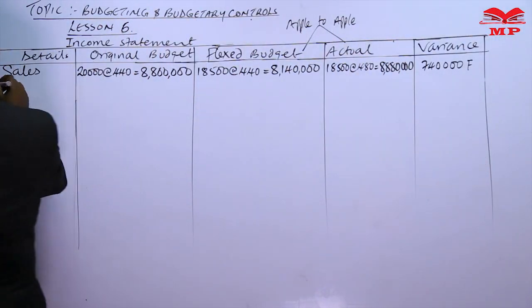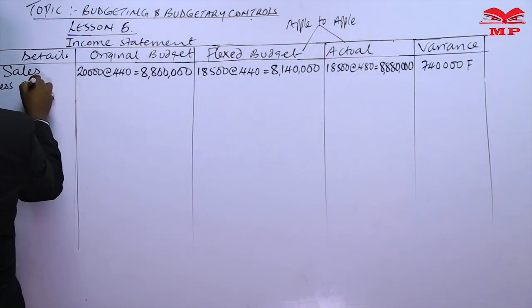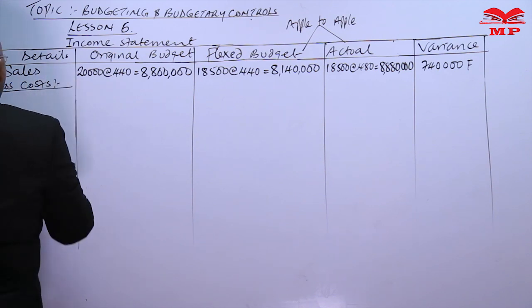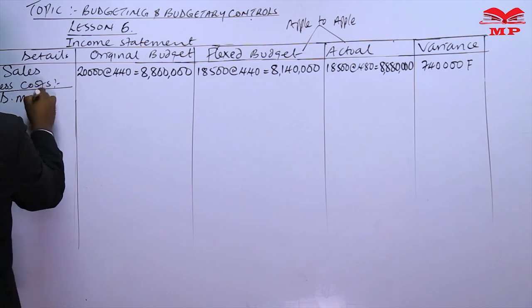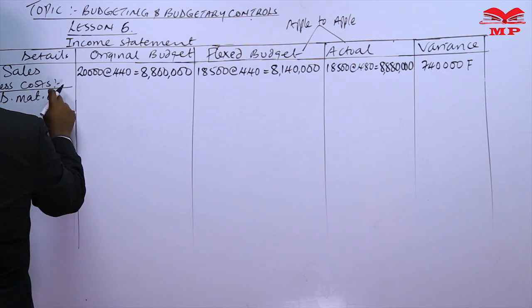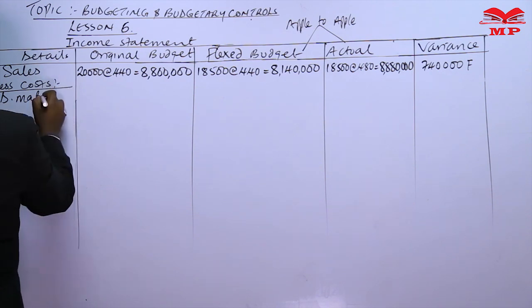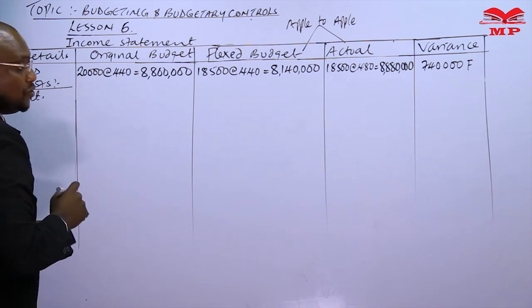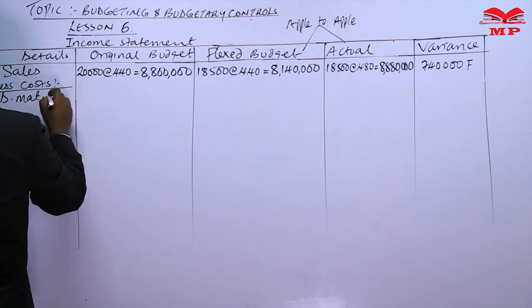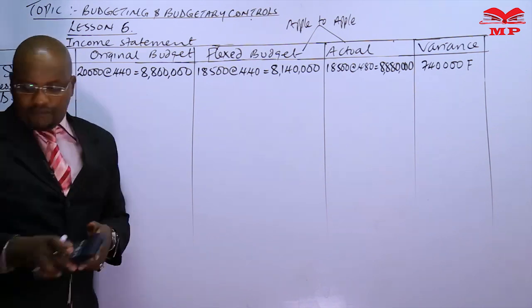We have less cost, so we have the costs. Here we have the direct material cost. First of all, I do for you the direct materials quantity first.